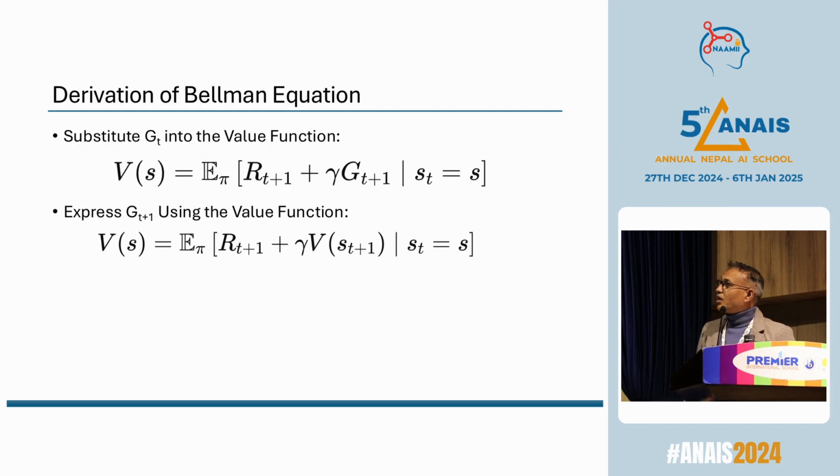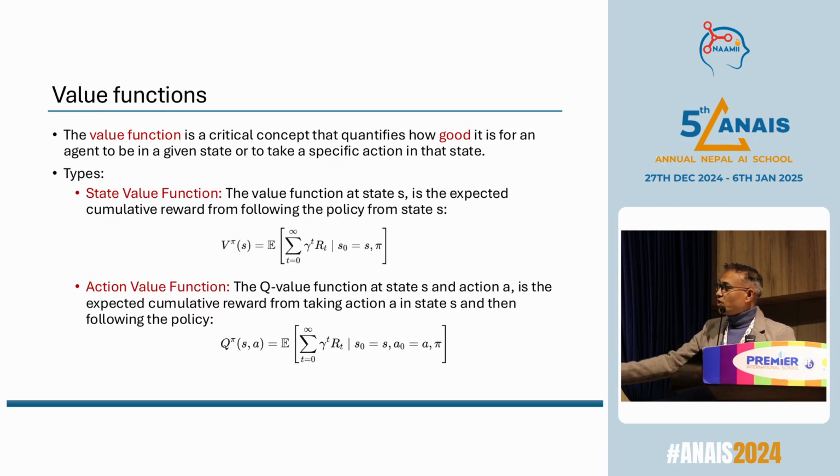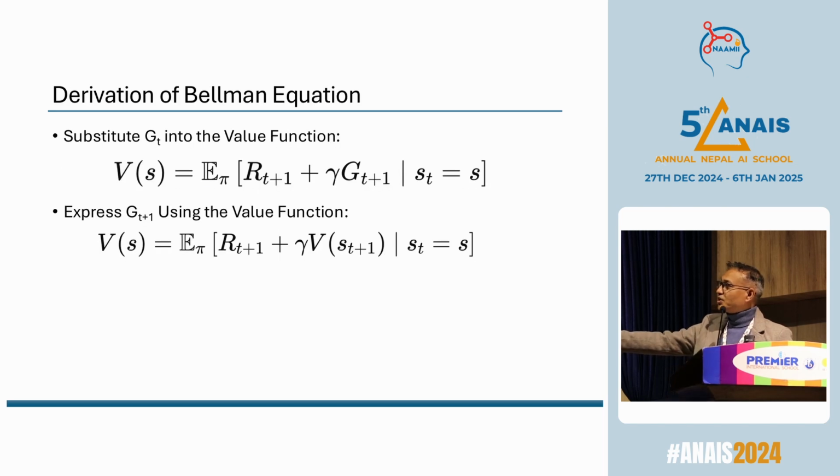Now let me derive these equations. Let me move to this equation. If you look at this one, you can replace the G_t in this equation, and you will have this equation. You see, and now you immediately realize that this G_{t+1} can be written as V(S_{t+1}), because it's the next state value function.